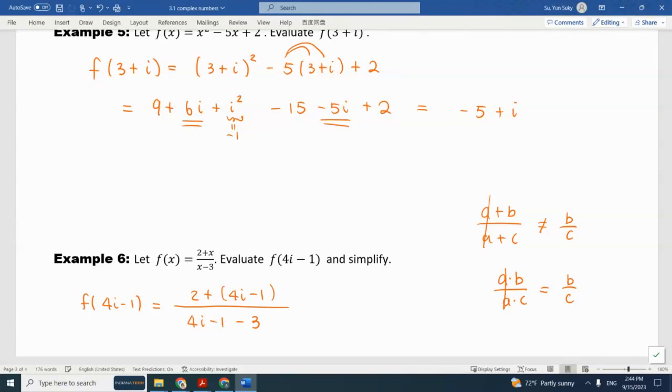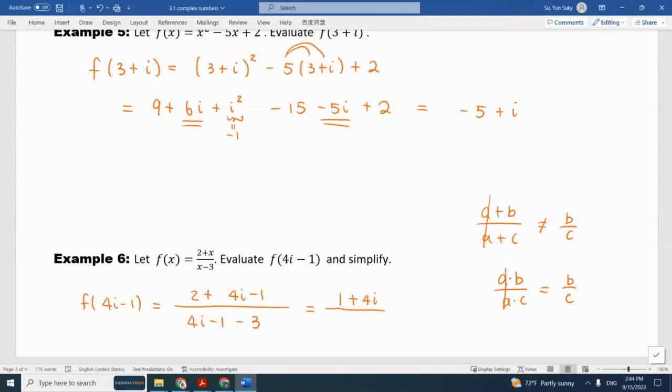All right, so x minus 3, right? Okay, numerator: because it's plus, we don't need parentheses, so it's okay to not write parentheses. What's the constant term in the numerator? Minus 1 or plus 1? Plus 1, yes. And then plus 4i, right?